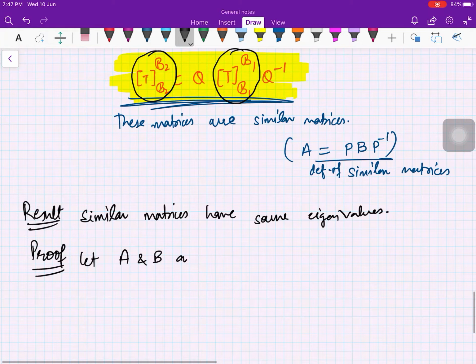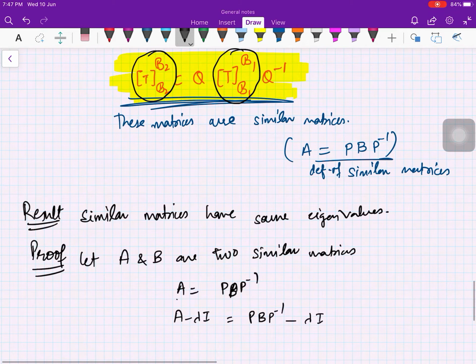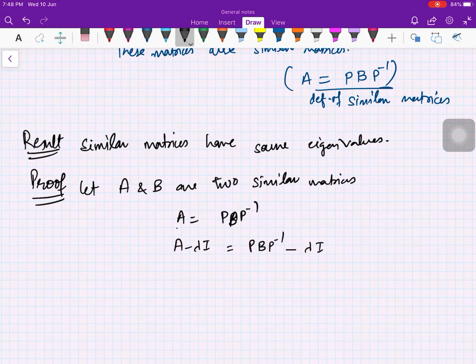Let A and B be two similar matrices. It means that A is equal to P inverse B P, with B here and A there, wherever you want to write. Now we look at A minus lambda I, that will be P inverse B P minus lambda I, where I is the identity matrix.